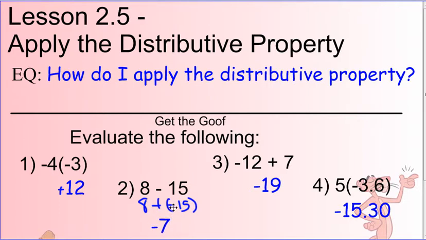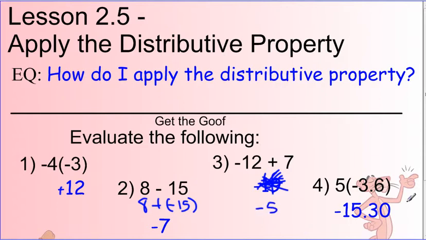And then you keep the sign of the bigger number, and that's correct. So I think that one's actually correct. 15 minus 8, 7. Yeah, it works. Okay, number 3. Let's see. The signs are different. And it's a plus sign, so we're going to subtract. And then keep the sign of the bigger number.